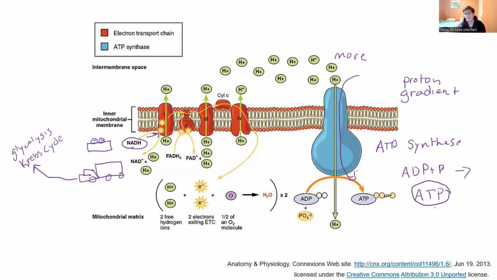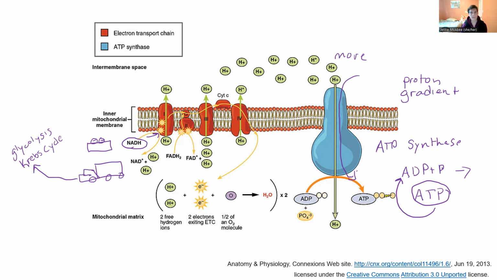As the cell uses this energy, that phosphate group will be broken off, that releases energy, and then you go back to ADP plus phosphate, which can be recycled and reused. So this cycle is happening like every minute. Your ATP is being recycled into ADP and remade by the process of cellular respiration.